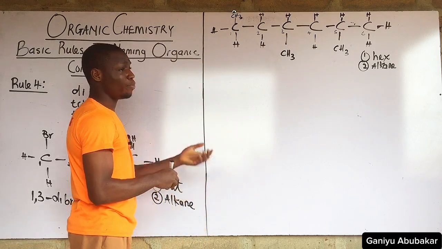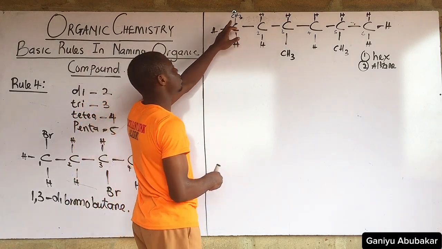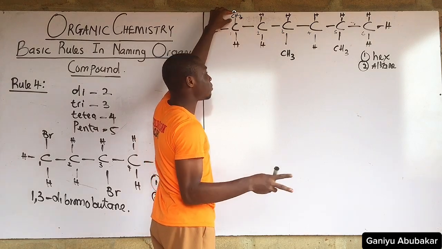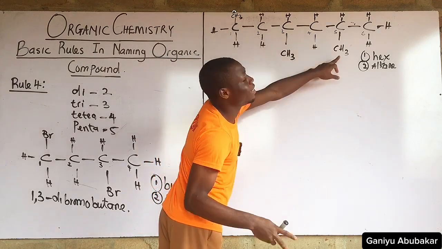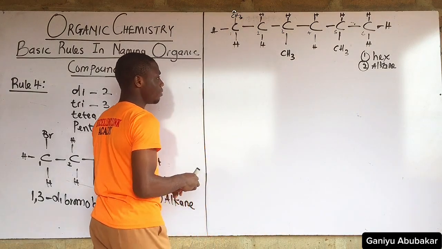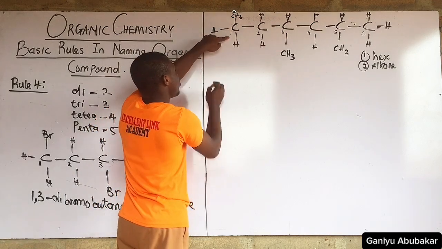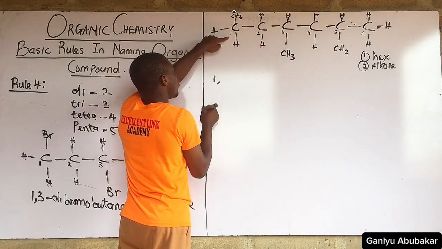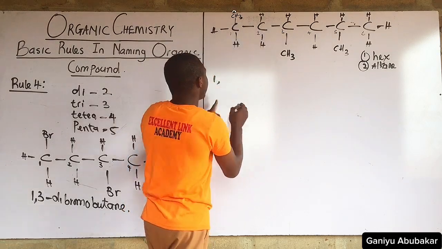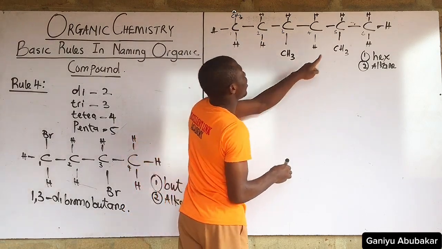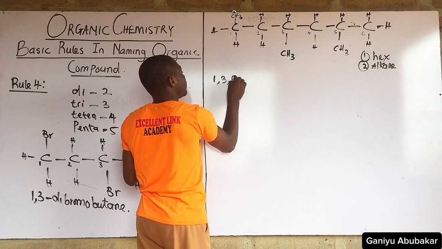When it comes to naming something of this nature, name the substituent first and show the position. So I have the substituent. This methyl occurs 3 times. So how do you name this one here? This methyl is at position 1, comma, this one's at position 3, comma, this one 5, then hyphen.